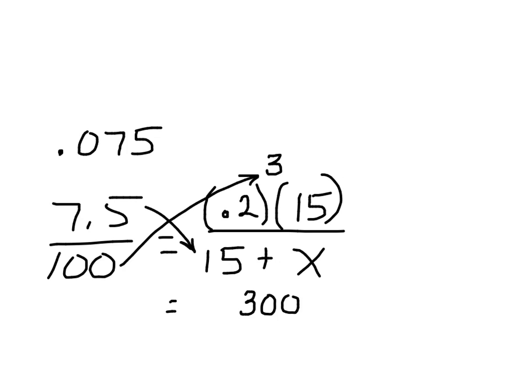Then when I go the other route, what's 7.5 times 15 plus x? Plus 7.5x. Good. Now what?